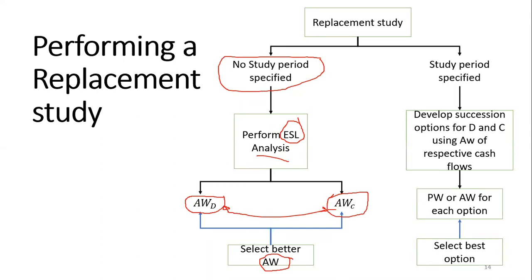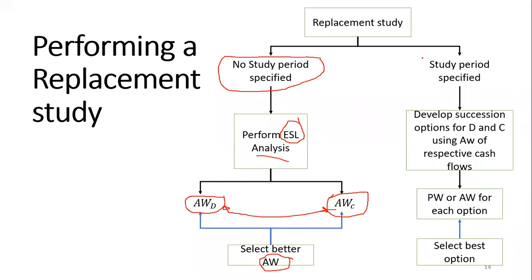Okay, so if the annual worth of the defender is less than the challenger, it means that I select the defender, or I keep the defender and I do not buy the challenger. If the annual worth of the challenger is less than the annual worth of the defender, I replace the defender and I buy the new machine or start the new project.